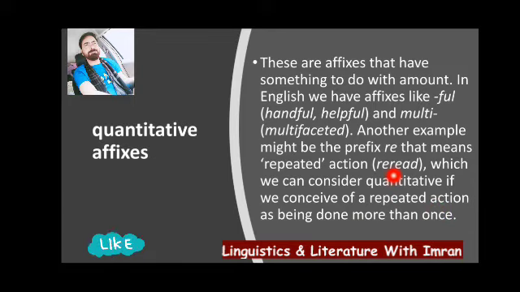Otherwise, when we add the prefix re- to a verb, it means something happens again. But if we talk about how many times something is repeated, two times, three times, four times, then we consider reread also as a quantitative affix. So quantitative affixes are about the number of something, right?